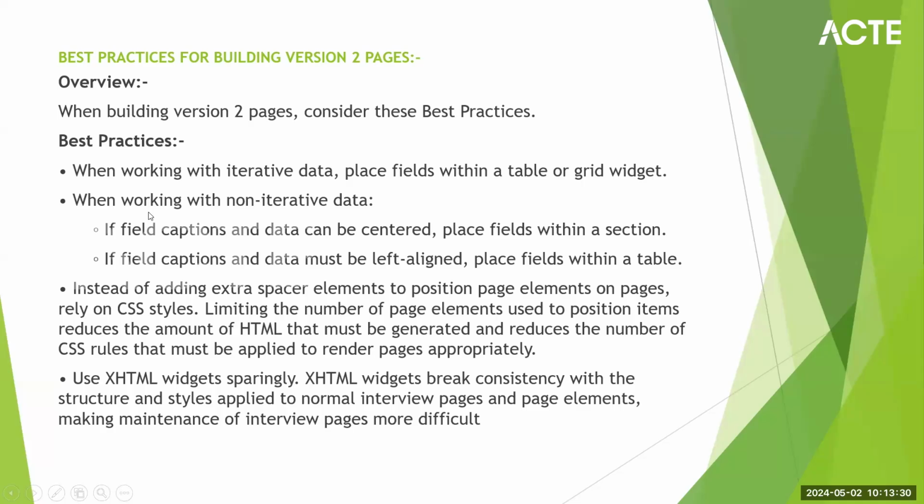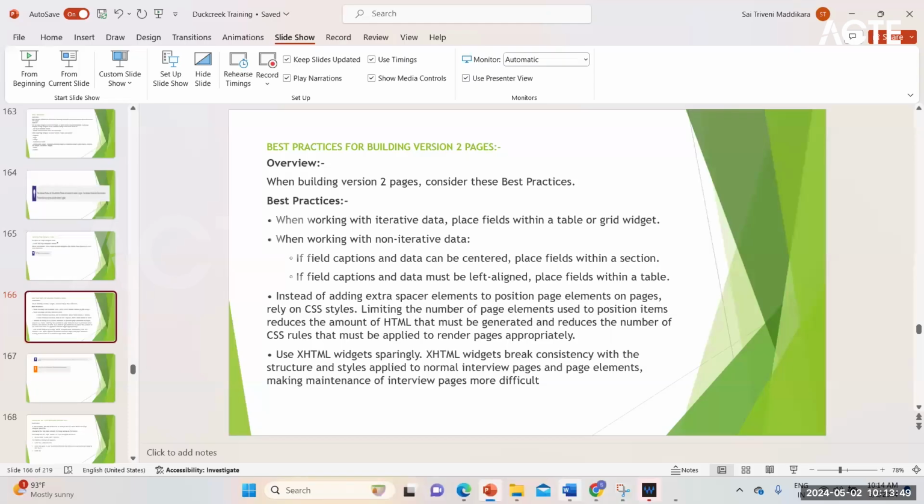When working with non-iterative data, field caption and data can be centered and fields placed within the section. Field caption and data can be centered in the sense of alignment, you can keep it center aligned and place fields within the section. Okay, it's better I show.